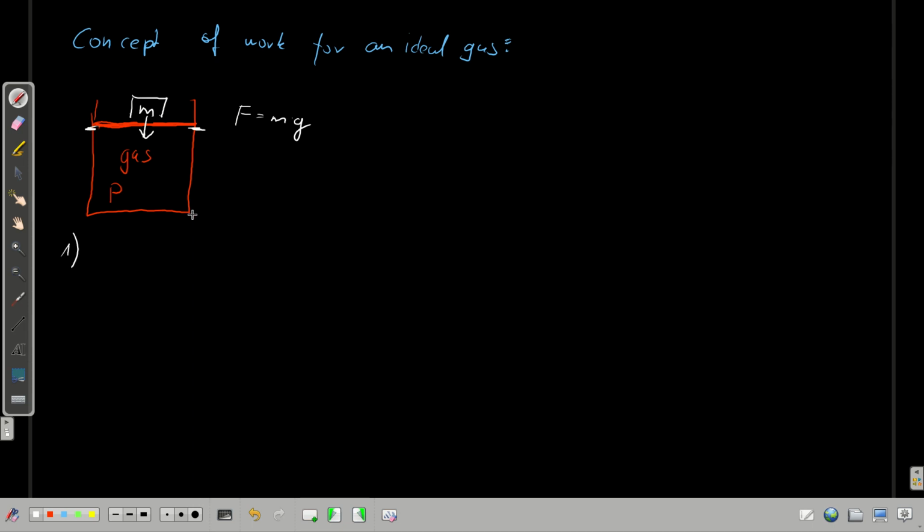Generally one can say that there is an external pressure acting on the gas inside.